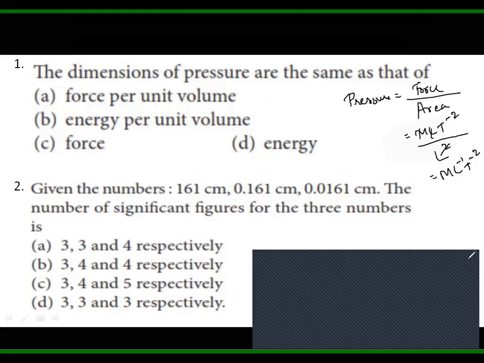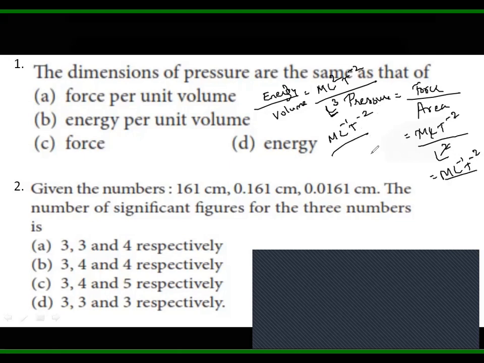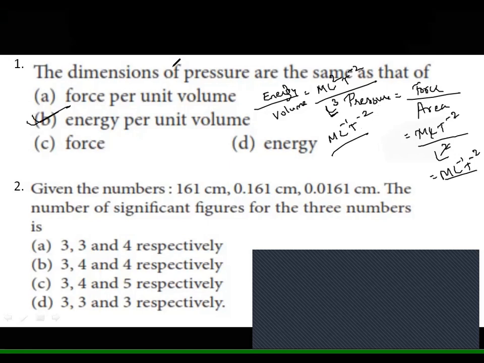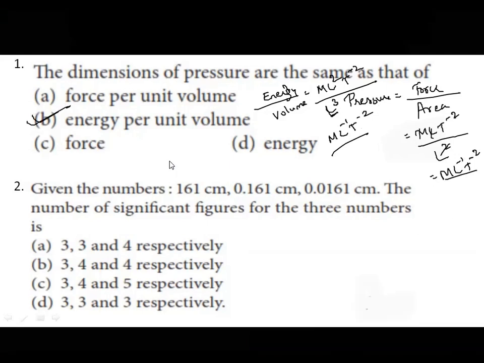The dimension of energy per unit volume is energy upon volume. Energy is again mass L square per time square, divided by volume, which is length cubed. So what does it come out to be? M per length per time square. So this and this are the same. Therefore, which is the correct option? It is option B. Option B is the correct option.